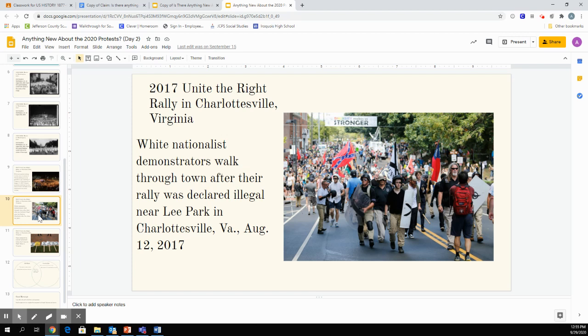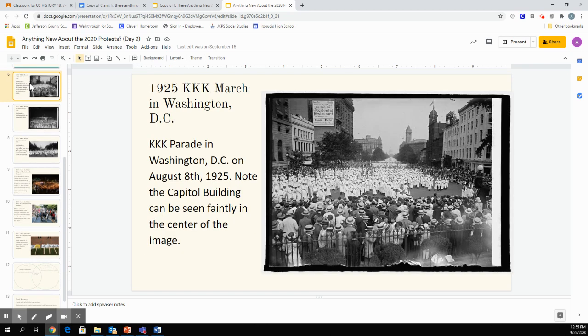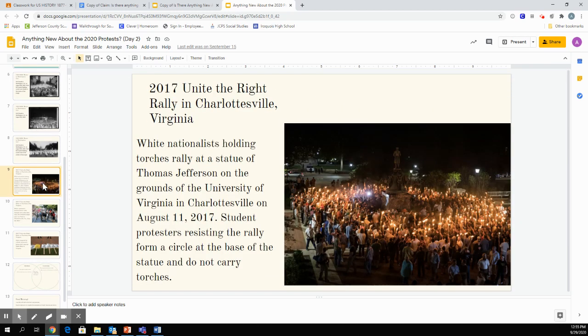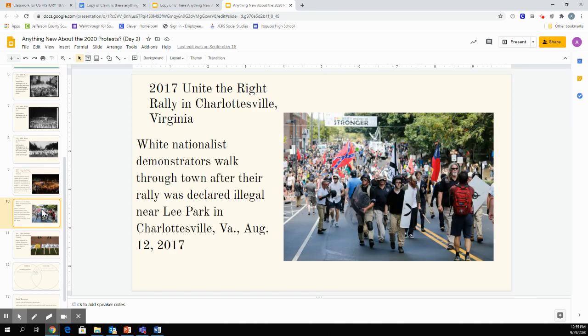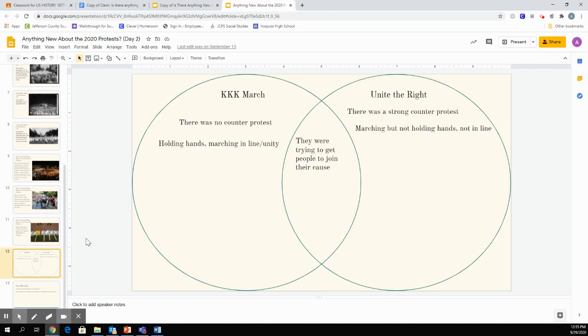And that's all. That's the big thing I'm going to show you how to do is just compare this event to this event. And that's the purpose of the Venn diagram: we're looking for similarities, which would go in the middle, and differences, which would go on the outside.